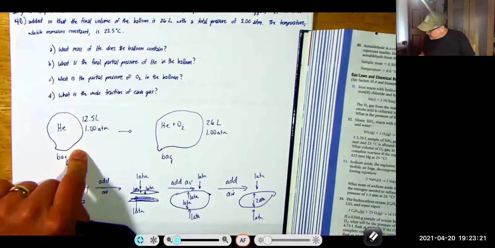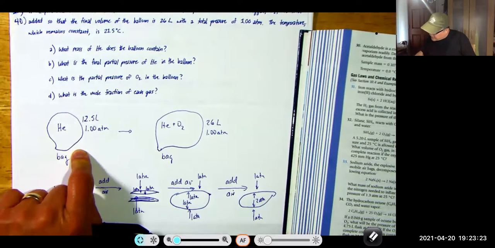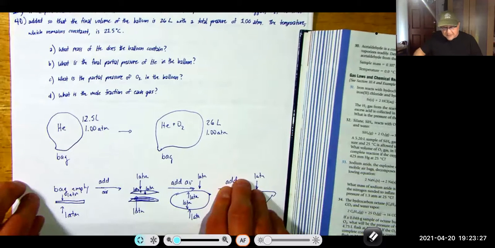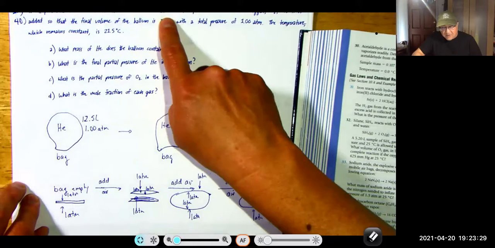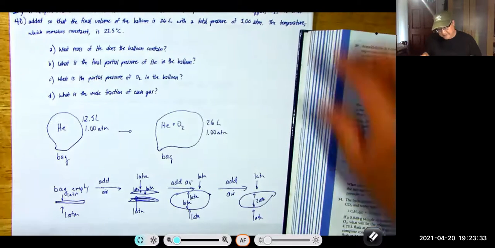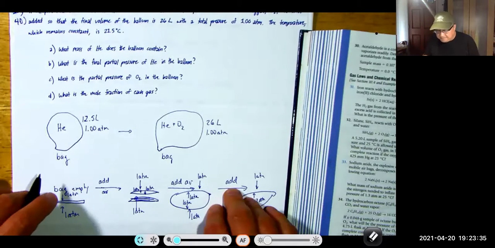And I'm going to look at something really quick. One of the things I don't like about this problem is that we have 12.5 liters, and now all of a sudden we've got 26 and only 2 sig figs. I don't like that.